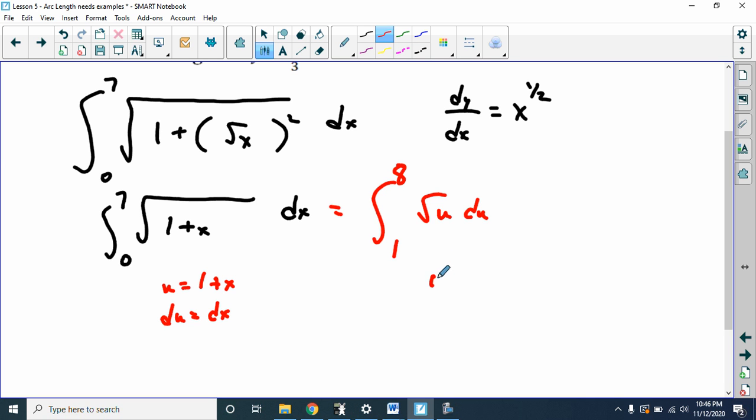Integrate. Plug in 8. 8 to the 3/2 minus 1 to the 3/2.